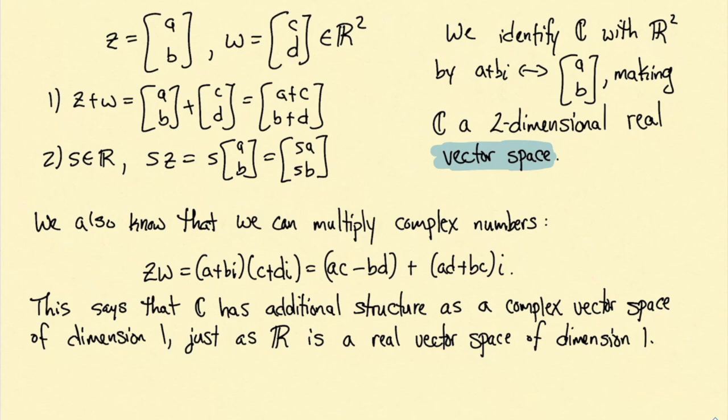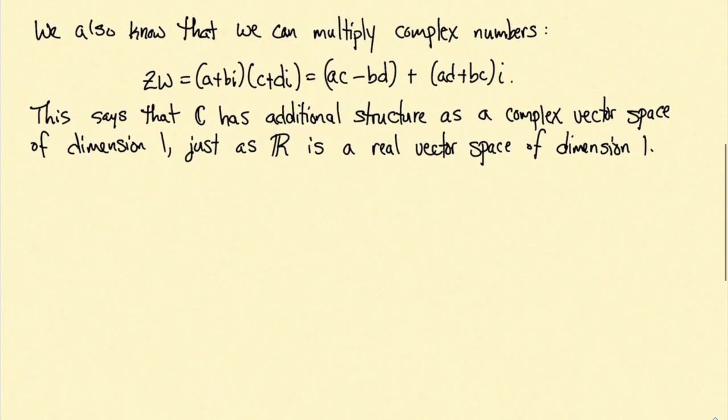So for our purposes in this class, our identification of the complex numbers with the two-dimensional vector space R2 will allow us to effectively reduce the case of studying complex vector spaces to the study of even-dimensional real vector spaces.